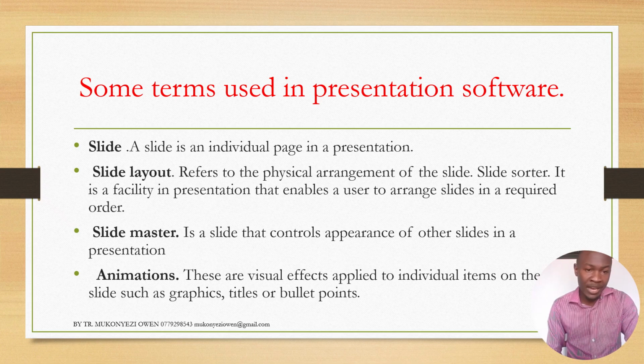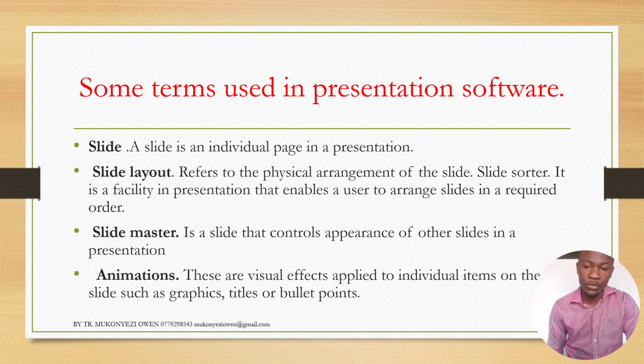We have slide layout. This refers to the physical arrangement of the slide. Slide sorter is a facility in presentation that enables the user to arrange slides in a required order. So the slide layout is the physical arrangement, how the slides are arranged from the first to the last.